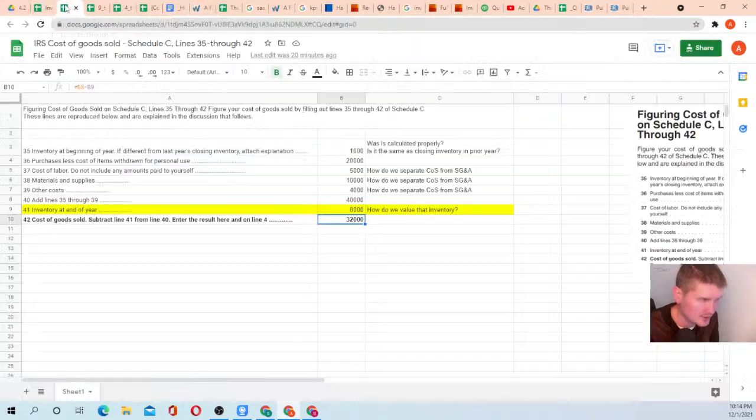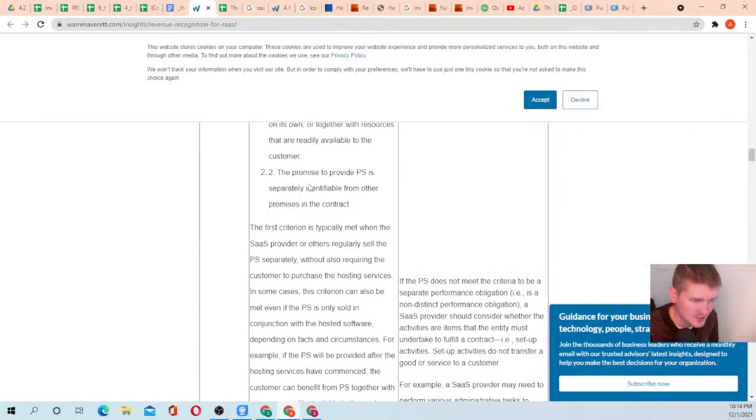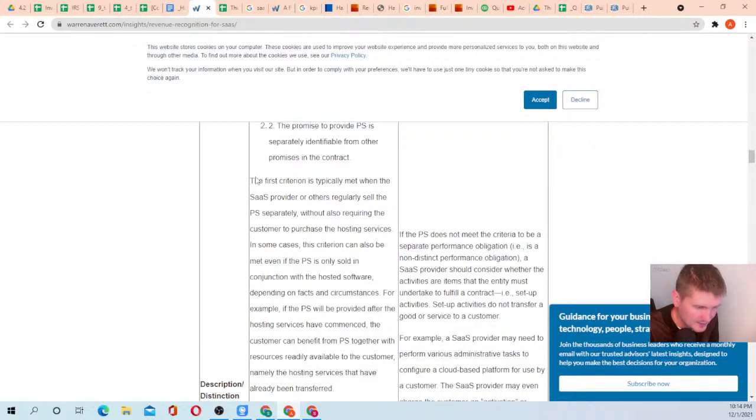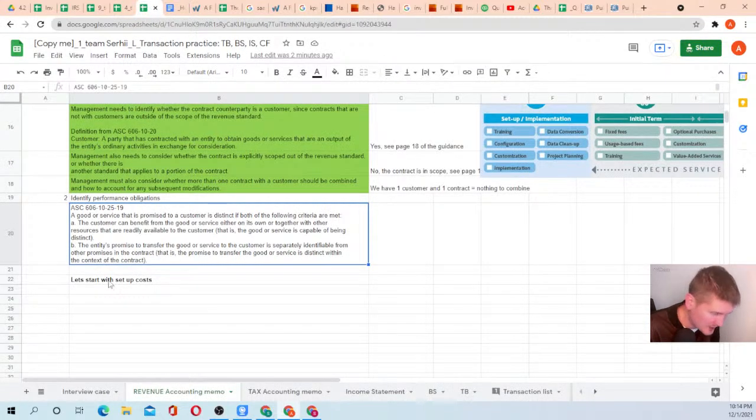So these are just the same criteria which we have just copied here from the standards. The first criterion is typically met when the SaaS provider or others regularly sell the professional service separately, without also requiring the customer to purchase the hosting services. Okay, so where is our memo?